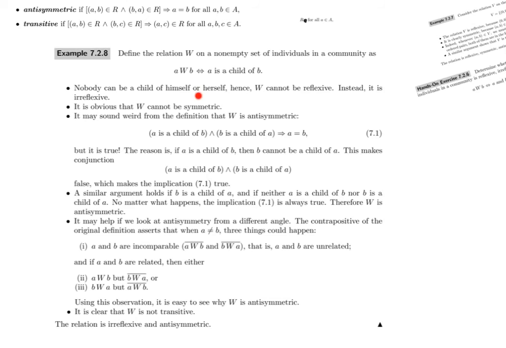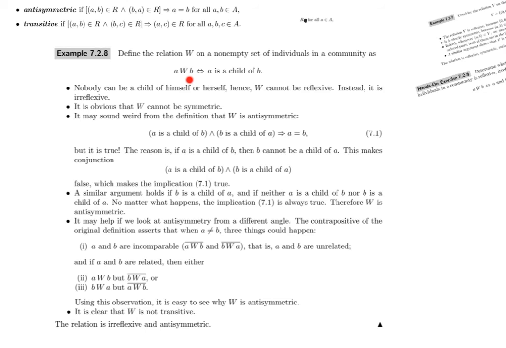You can't be a child of yourself, so that means no ordered pair of the form (a, a) will be in this relation. That tells us W cannot be reflexive. So that actually tells us that it is irreflexive, because every ordered pair is going to consist of two distinct elements. That's another way to think of irreflexive.